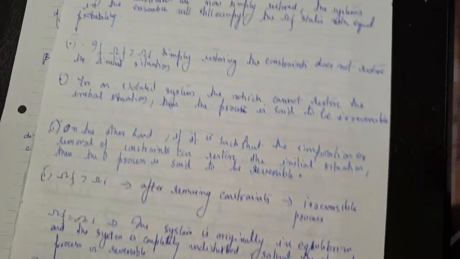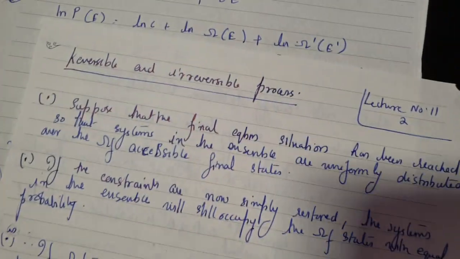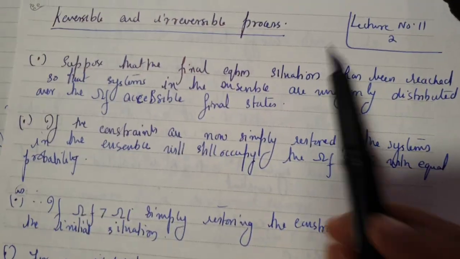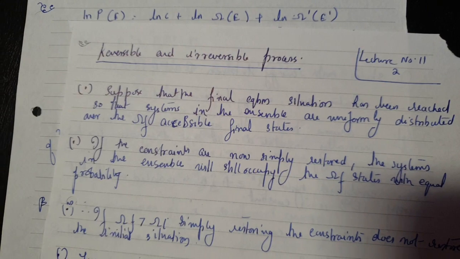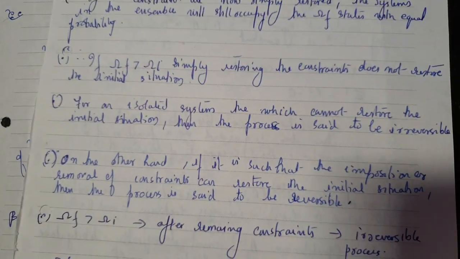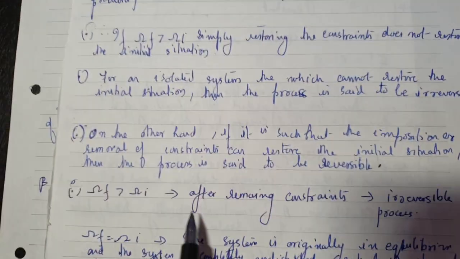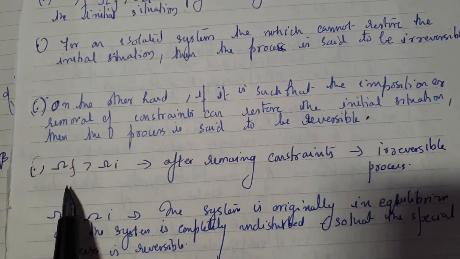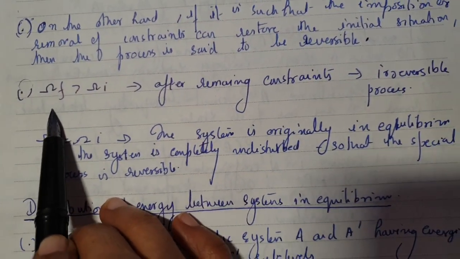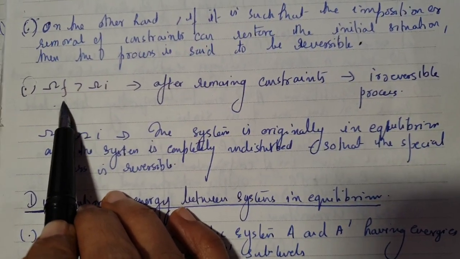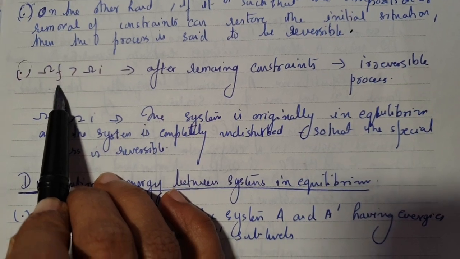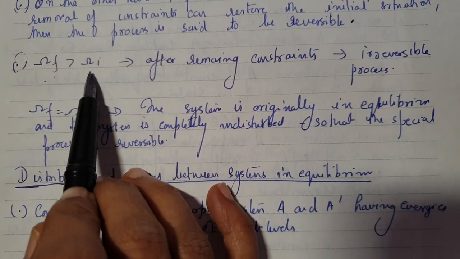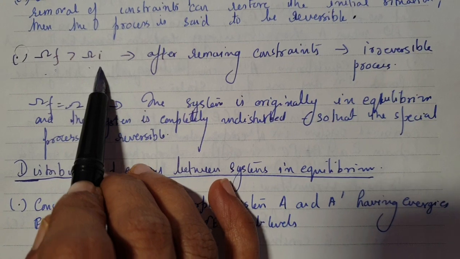So please remember that. Next we have reversible and irreversible processes. This is very simple. I'm not going to read through all this, you can read it. After removing the constraint, the final number of accessible states is given by this, and the initial number of accessible states is given by this.